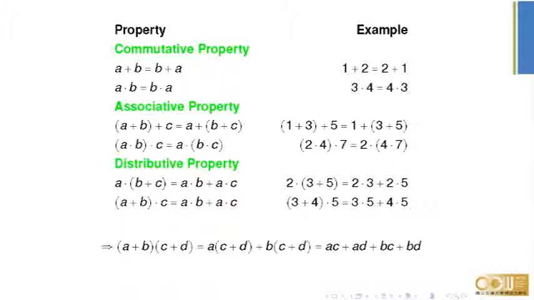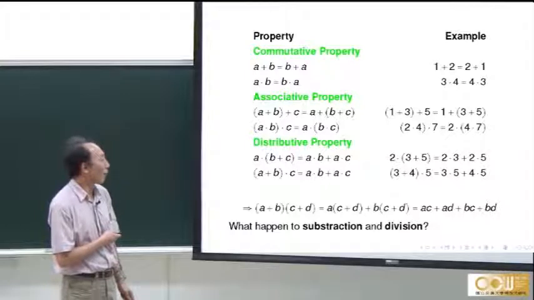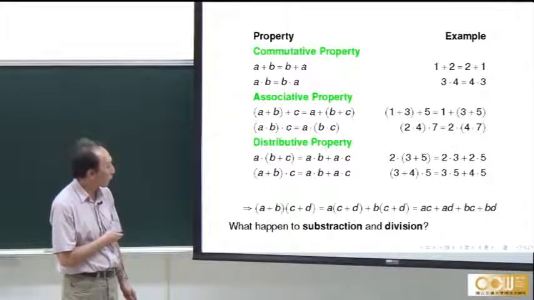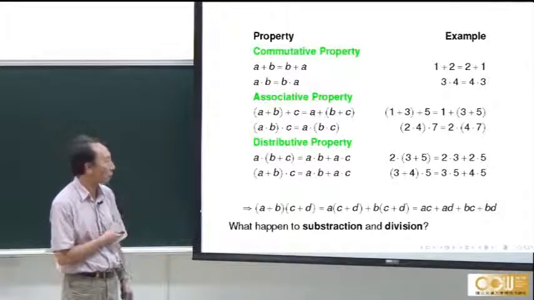First we fix the second quantity here and use the right distributive property to get this, and then the left distributive property to each individual term, so we get that.